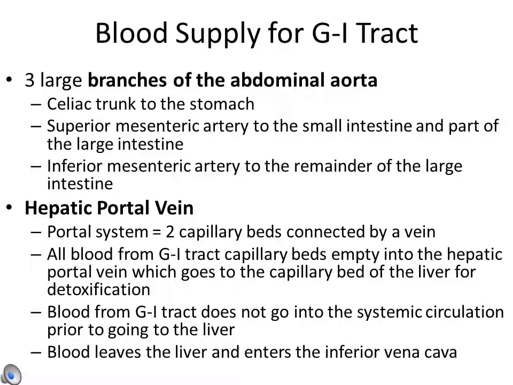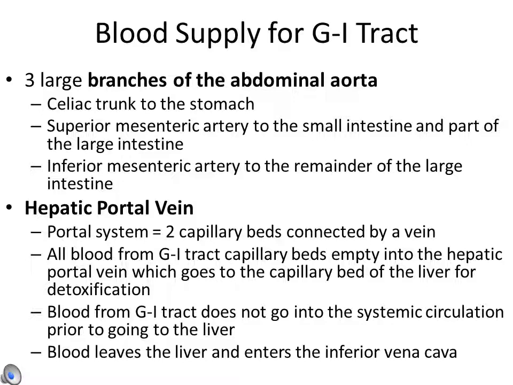The hepatic portal vein is the vein that connects the GI tract to the capillary beds within the liver. The portal system consists of two capillary beds connected by the vein. All the blood from the GI tract capillary beds empties into the hepatic portal vein, which goes to the capillary beds of the liver for detoxification.